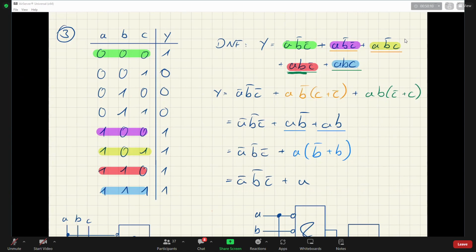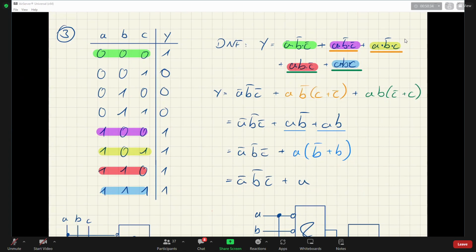You said you're connecting with OR? Yes, the plus is an or. So here we have a dot in between, that's an and, if you want to have that in addition.